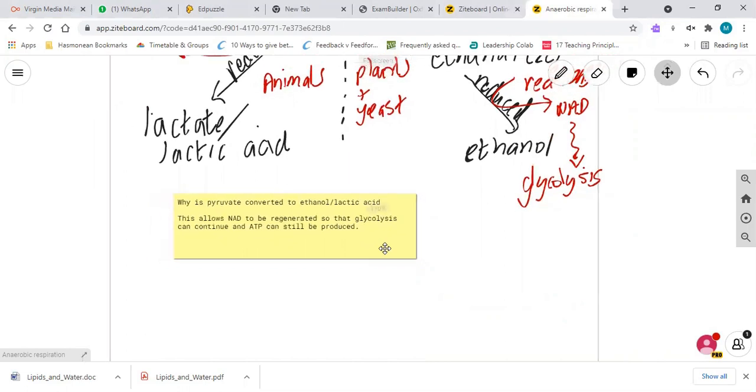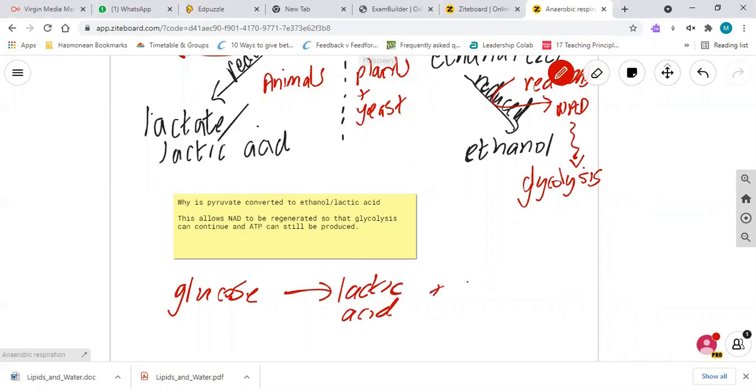So in anaerobic respiration in animals, you will take your glucose, you will convert it to lactic acid and 2 ATPs.